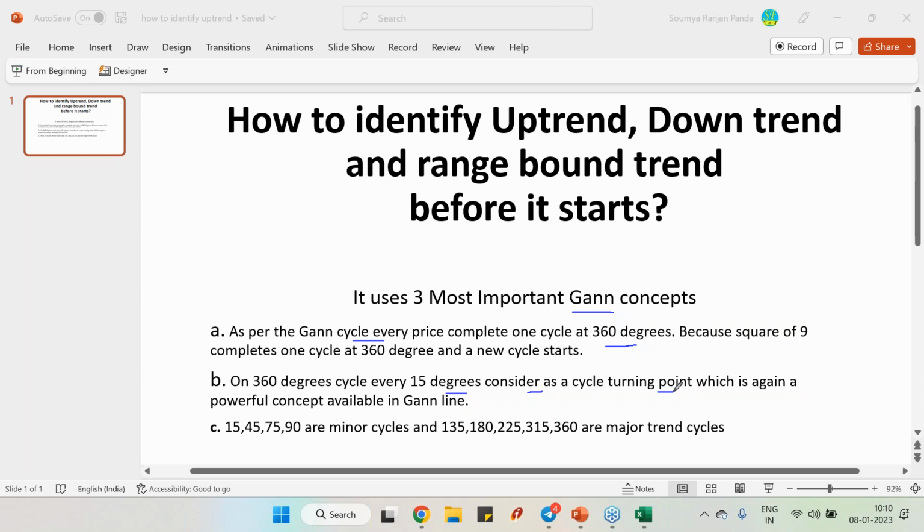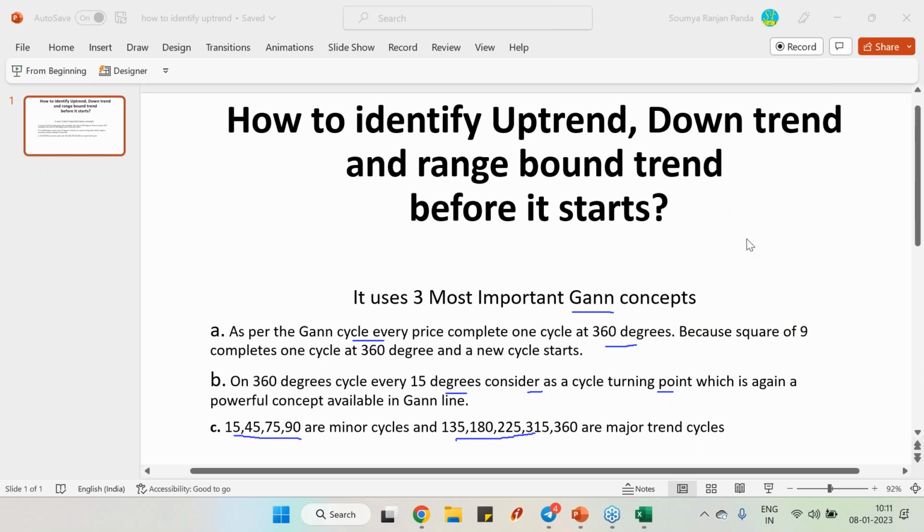Then we need to understand that within a cycle there are minor cycles, minor hurdles, minor points where the cycle can terminate, and there are major hurdles and major trend cycles. These are the major price points from where the cycle can terminate.